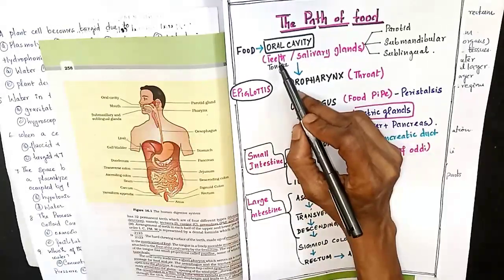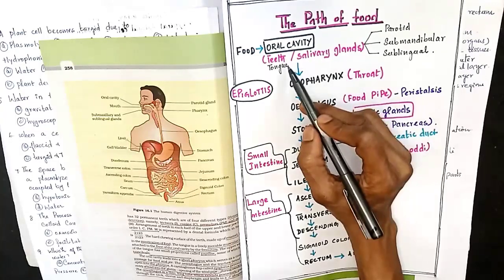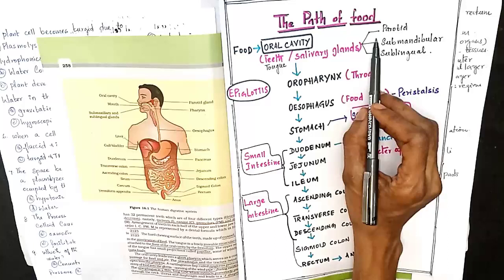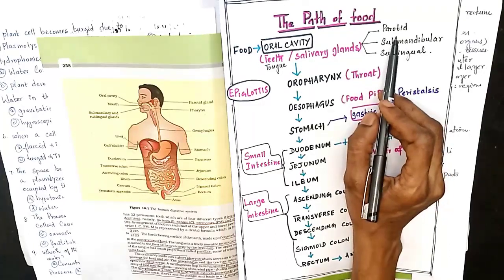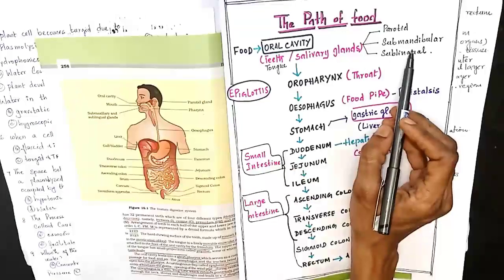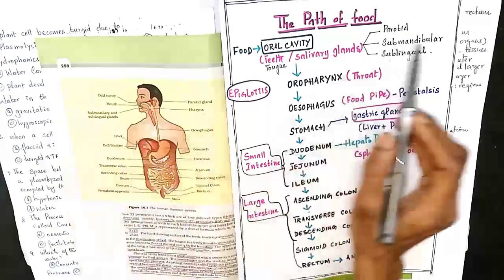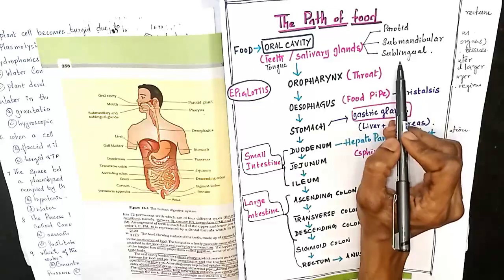You have teeth, tongue, and you have salivary glands which help in mixing the food. They can ask you the three pairs of salivary glands: parotids, submandibular and sublingual. So parotid glands are present in the cheek in front of the ears. Submandibular glands are present in the mandible, and sublingual glands. You have pairs, parotids on the right side and left side, same way submandibular and sublingual.